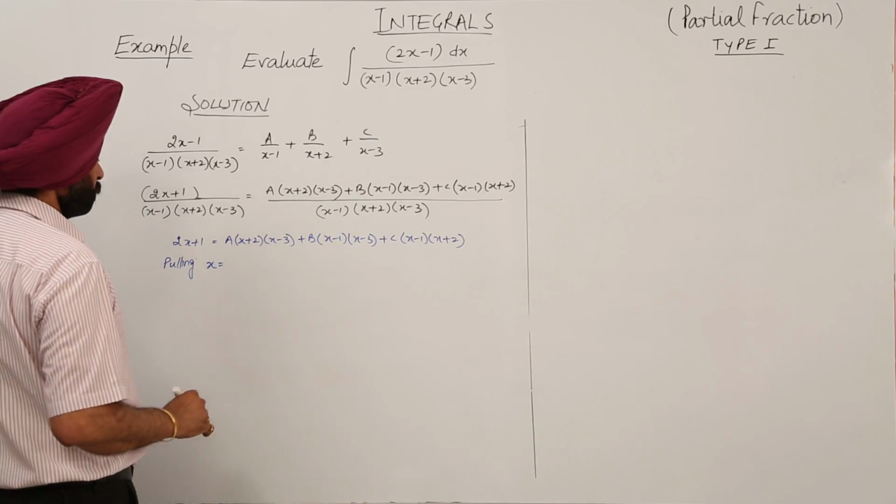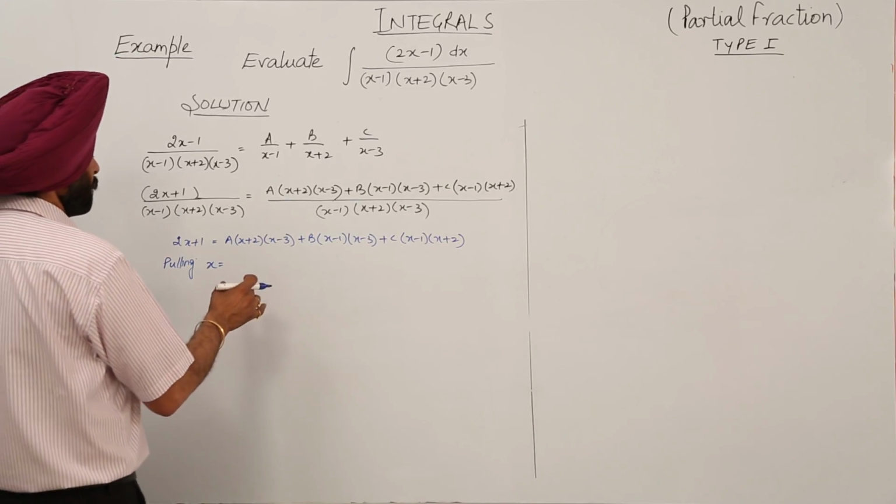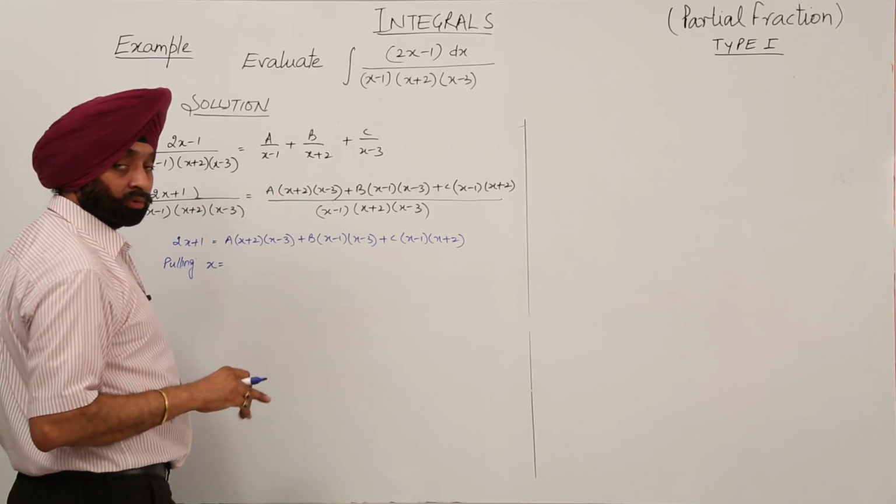Now let's start with putting x equal to 1, because x - 1 is 0.